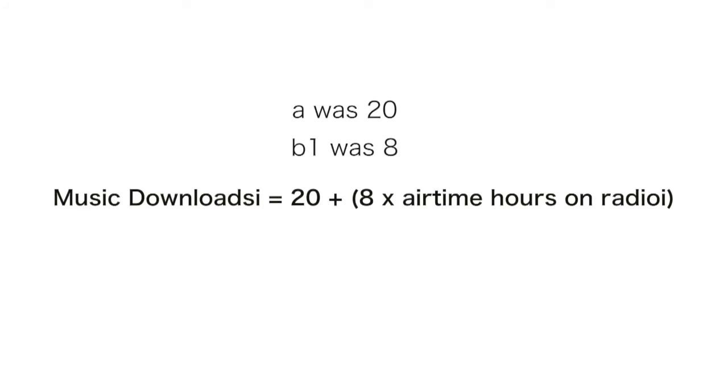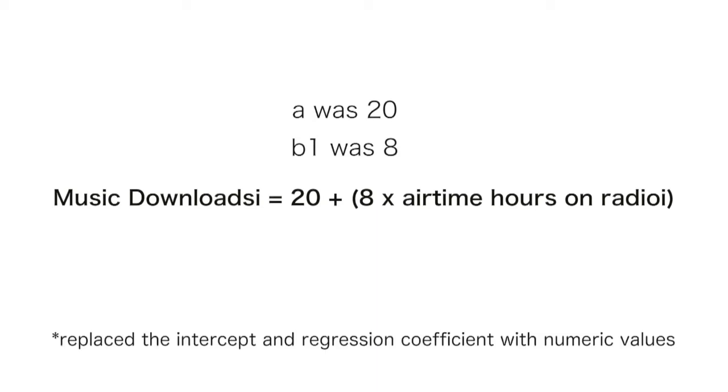For example, suppose that A was 20 and B was 8. Our model would be music downloads is equal to 20 plus 8 times airtime hours on radio. Note that I've replaced the intercept and the regression coefficient with numeric values.